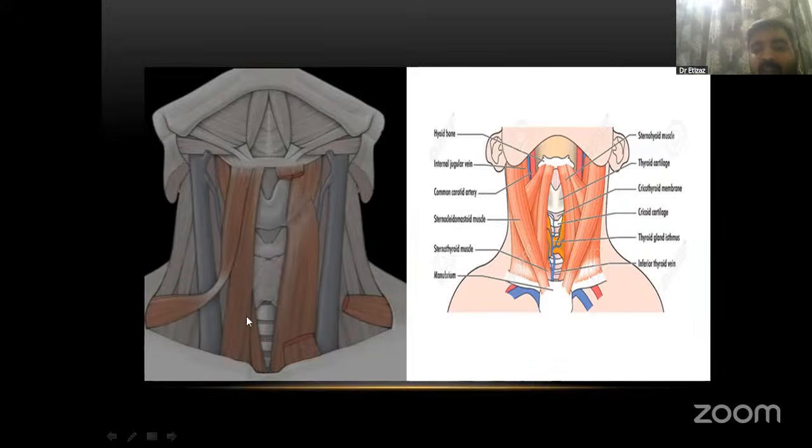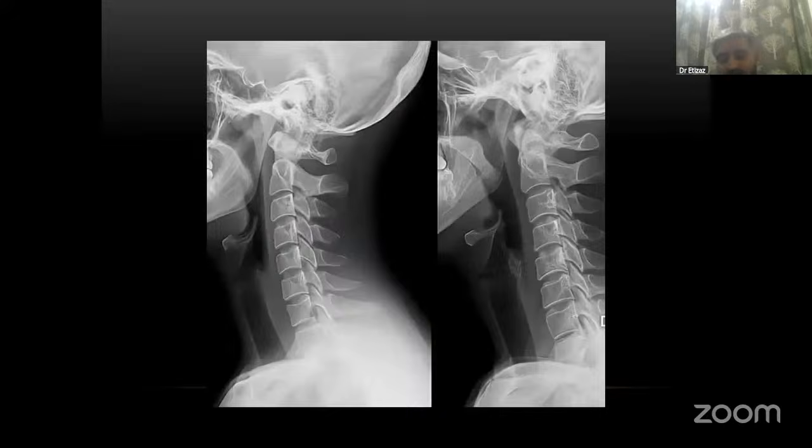So these are the four pretracheal muscles: sternothyroid, omohyoid, sternohyoid, and thyrohyoid. And the two important prevertebral muscles we have discussed previously are the longus colli and longus capitis. We have to be well aware of this. So now we are coming to the anterior approach of the cervical spine.